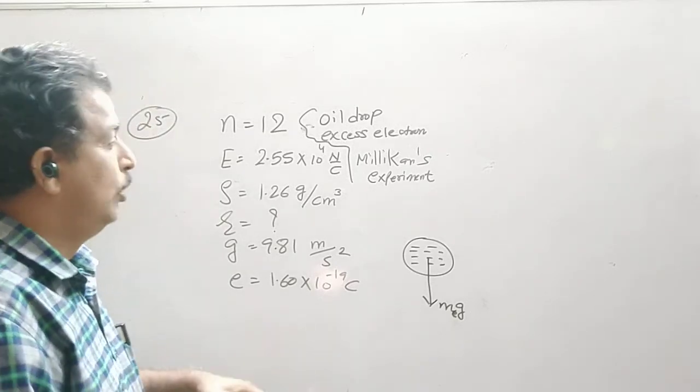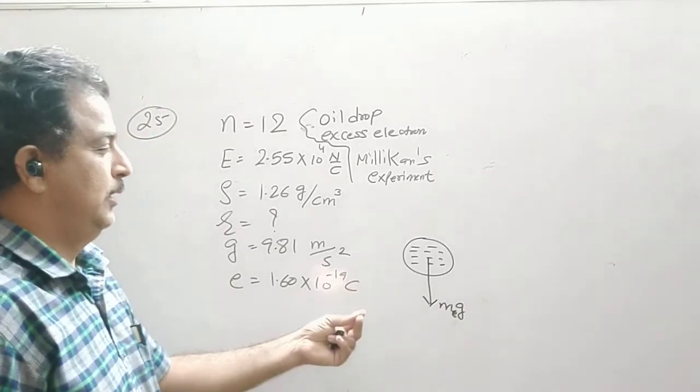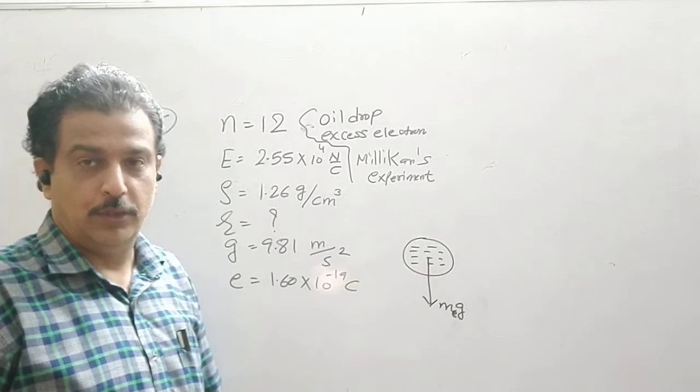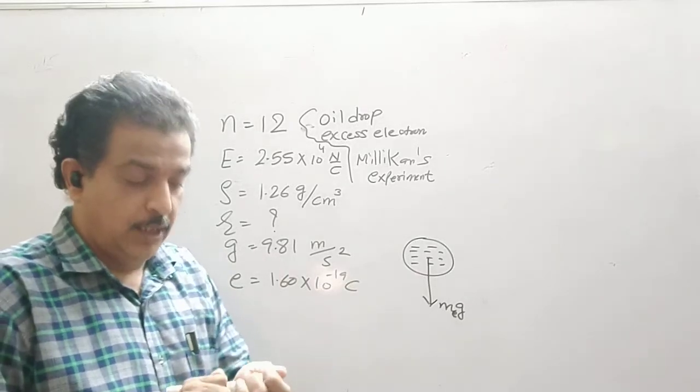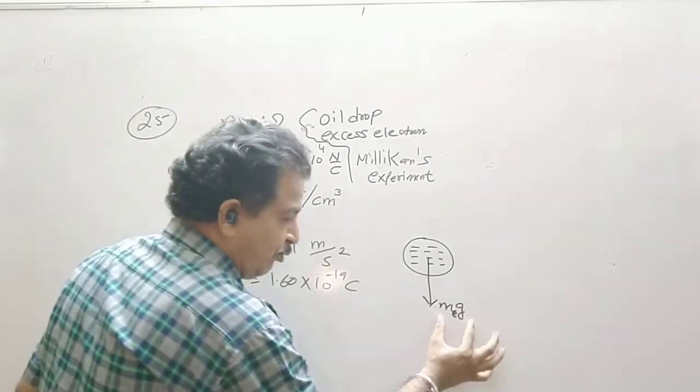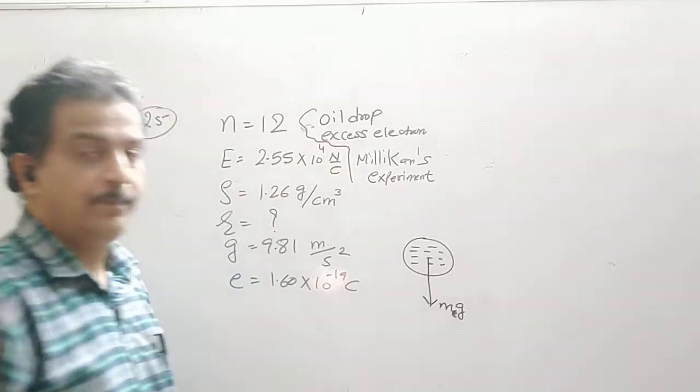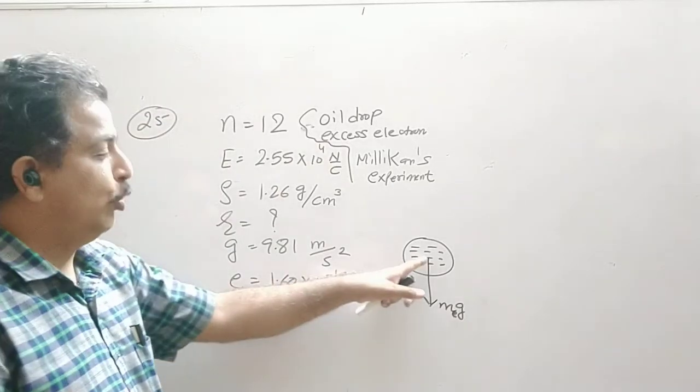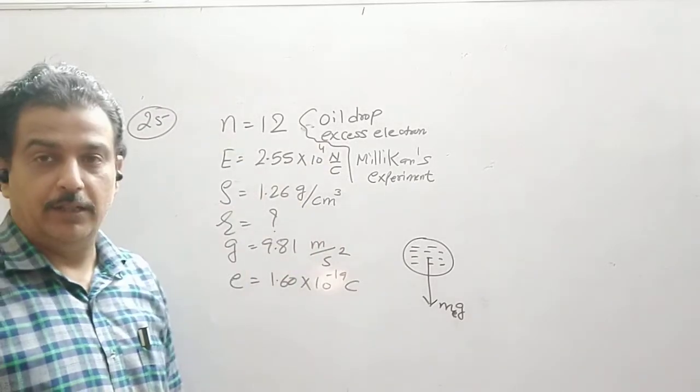So you have to draw the direction of the field also, and it will be held stationary only when this force is equal to the force due to the electric field.